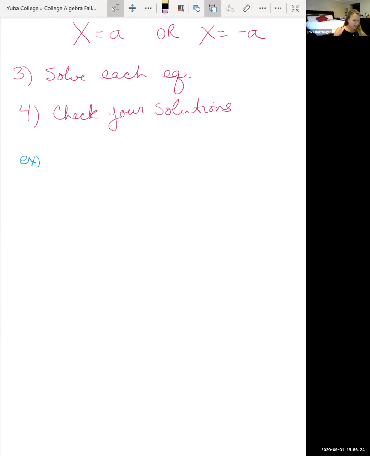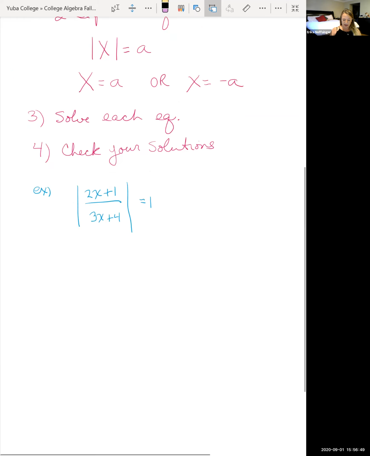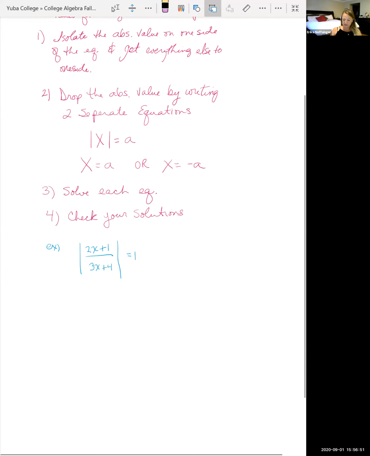Okay, so we have the absolute value of 2x plus 1 in the numerator, all over 3x plus 4 in the denominator. This is all equal to 1. I've already got the absolute value isolated on one side. Everything else is on the other side.